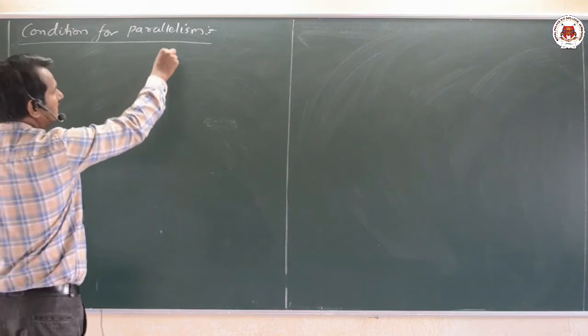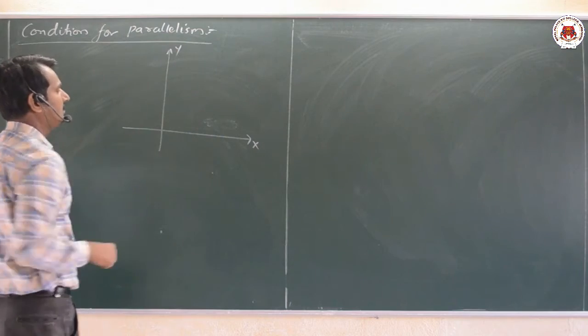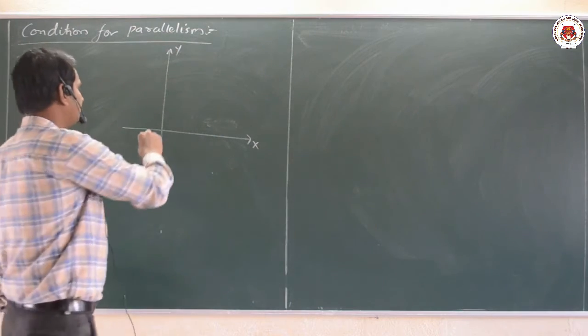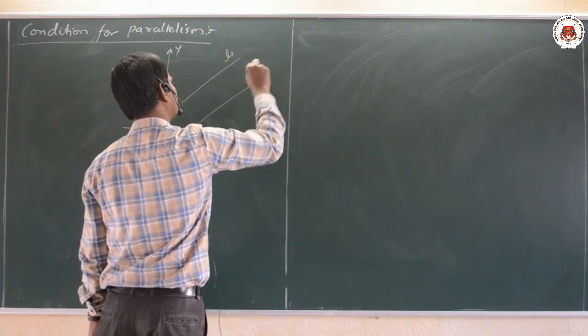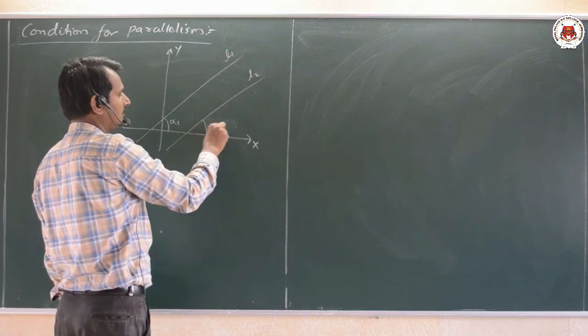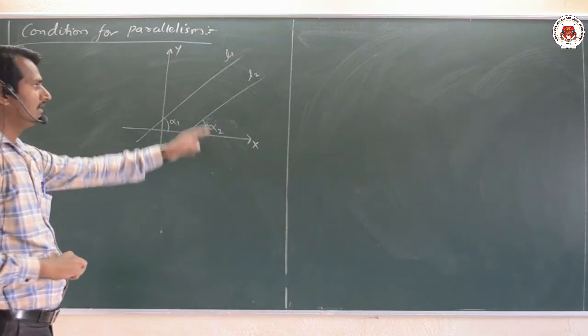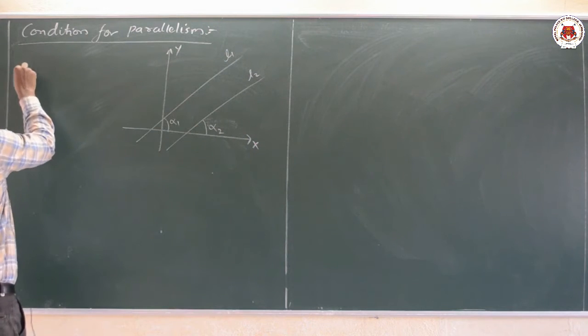Let us draw the x-axis as well as the y-axis. Let us consider two lines, L1 and L2. L1 makes an angle of alpha 1 and L2 makes an angle of alpha 2. The slope of line L1 is m1 and the slope of line L2 is m2.